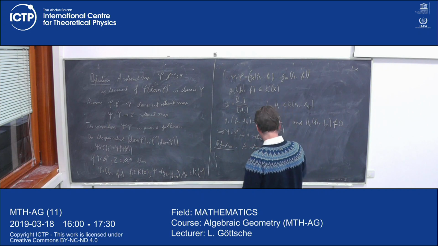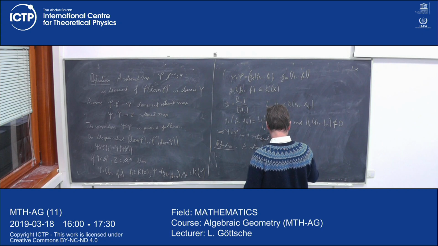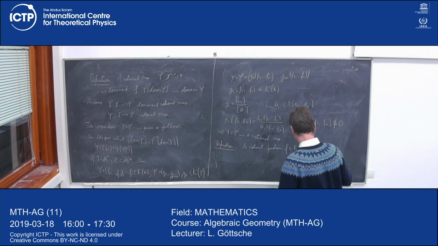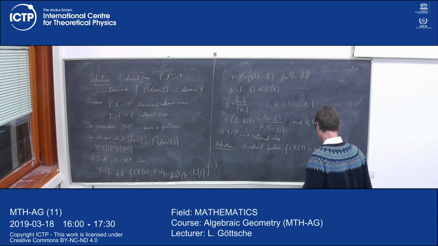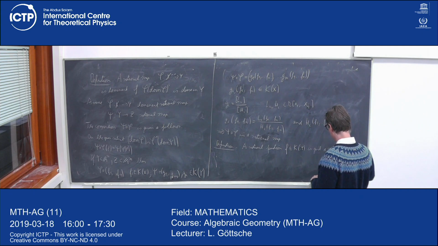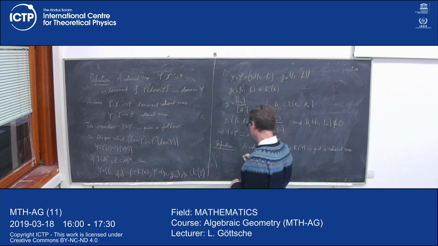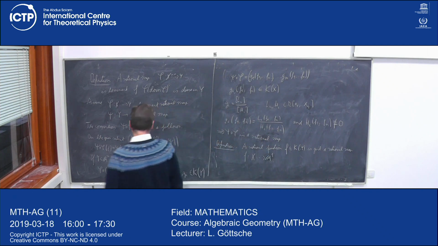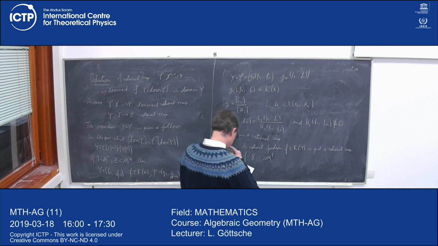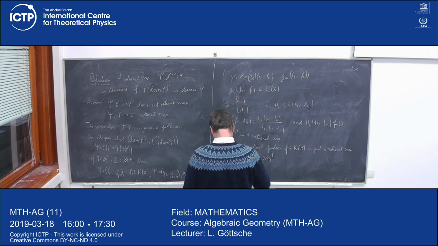So a rational function f on y is just, we know that, a rational map f from y to A1. So thus we can define the pullback.